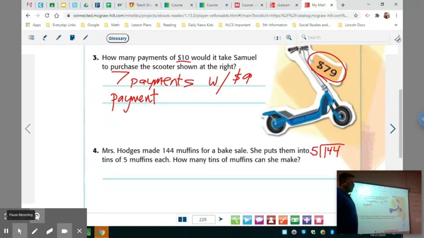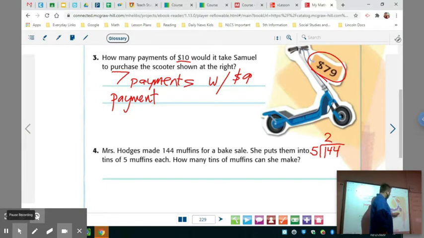How many times will 5 go into 1? 0. How many times will 5 go into 14? 2. What's 5 times 2? What do you get? 4. Now what do you do?